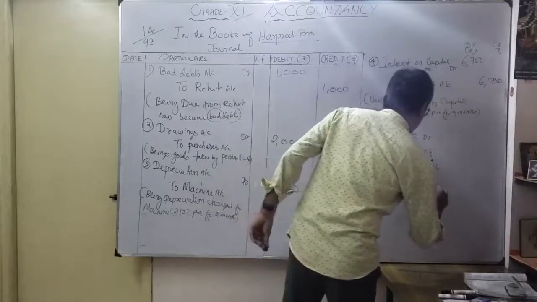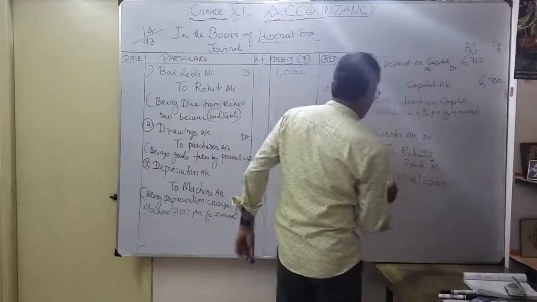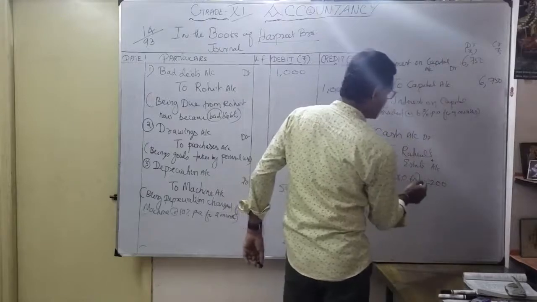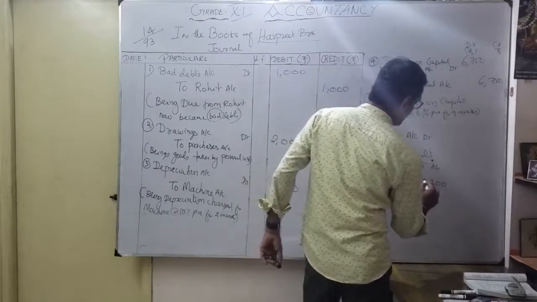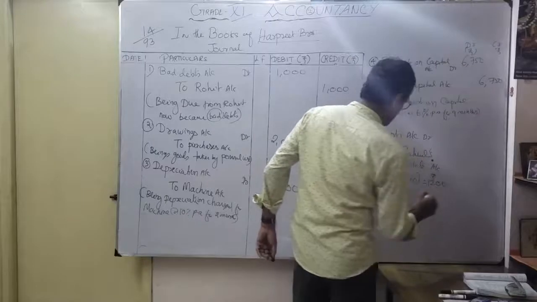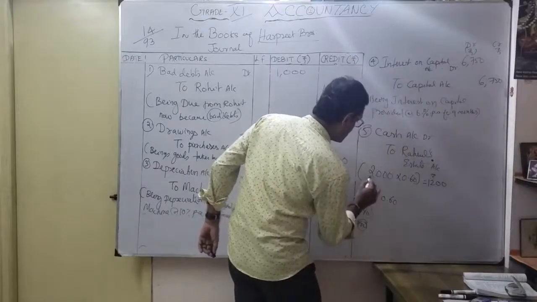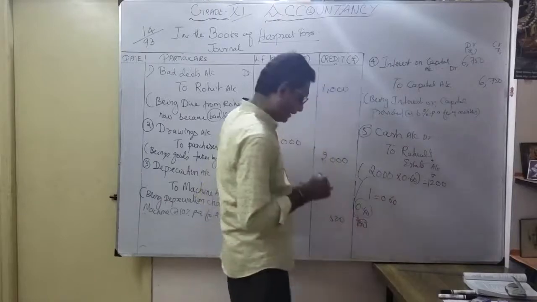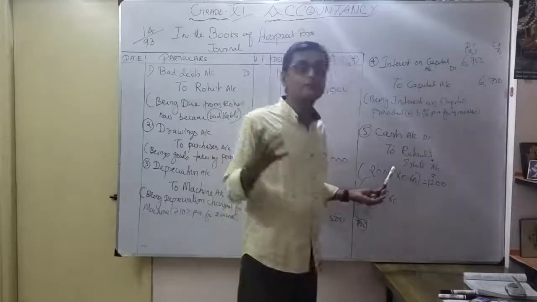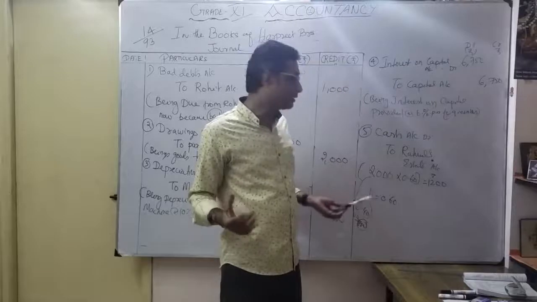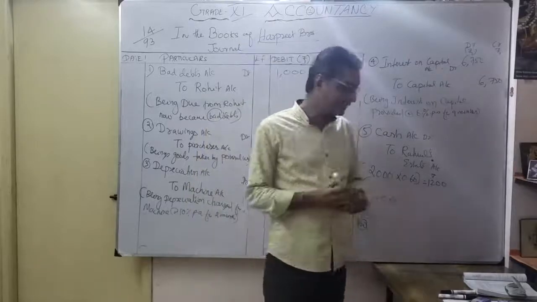When you simplify this, you get 1,200 rupees. How much are you losing? You are losing 800 rupees, correct? Instead of 2,000, you are unable to get the entire amount. You are collecting only 1,200. That's very important here.